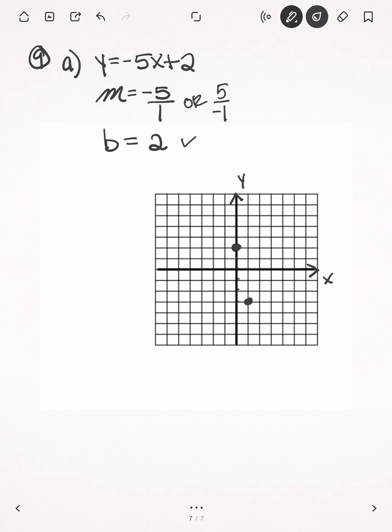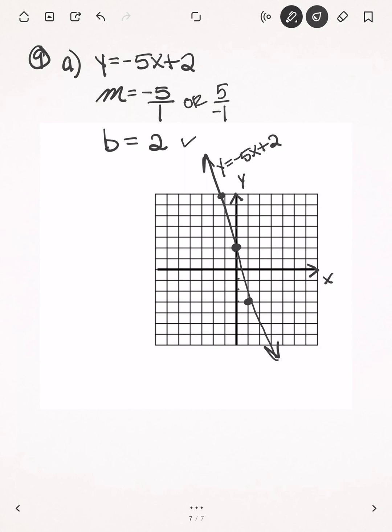From my starting point, I can go up 1, 2, 3, 4, 5 over 1. And now I'm going to draw my line. Try to make it straight. And then I'm going to label it because I'm going to be putting 2 on the same graph. So this is y equals negative 5x plus 2.